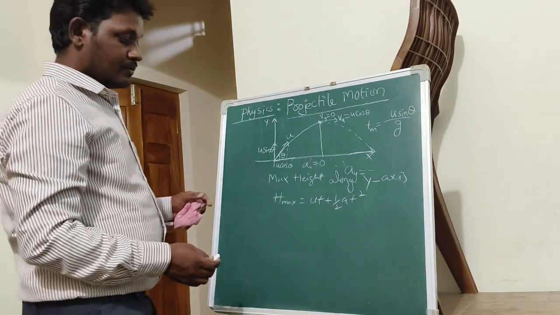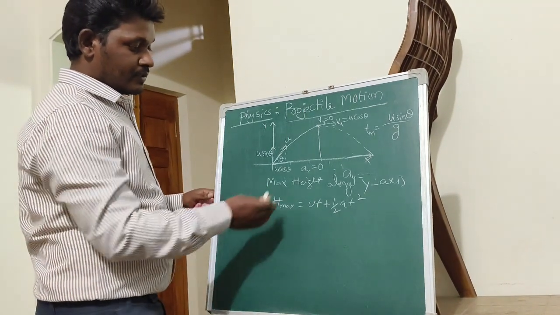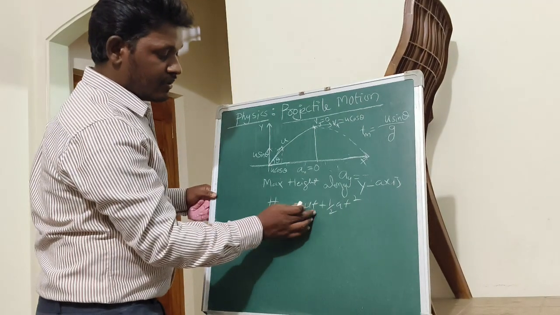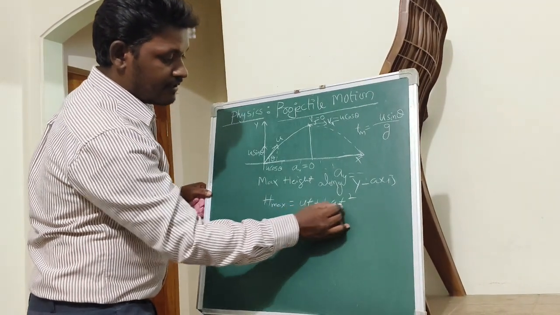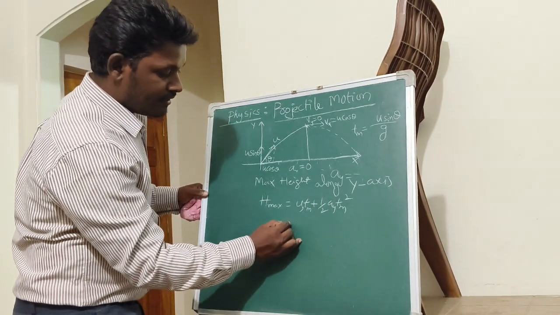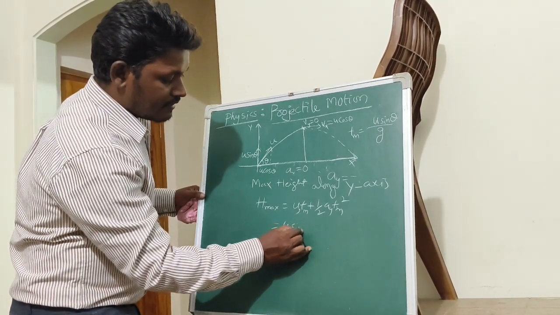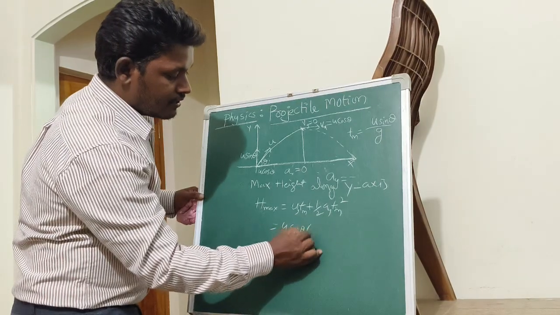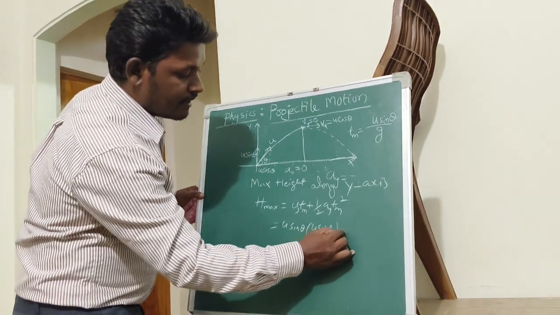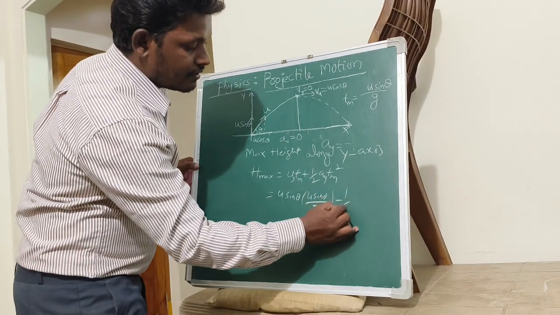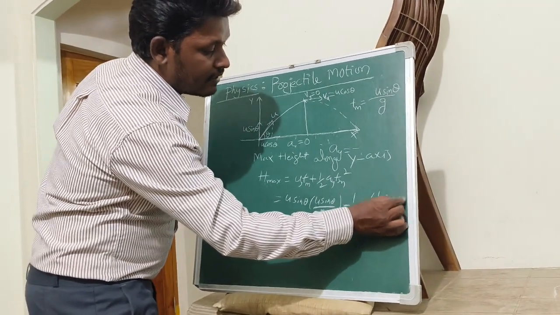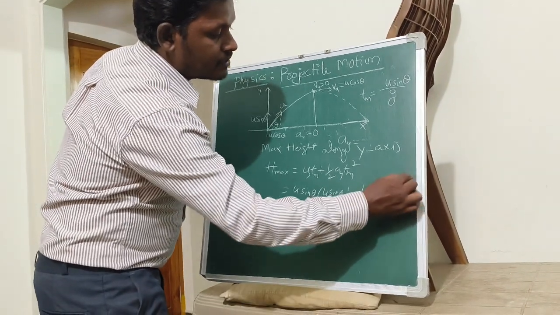We know the initial velocity and the time, tm, ay and uy. So let us substitute all the values. u sin theta into u sin theta by g, minus half into g into u sin theta by g whole square.